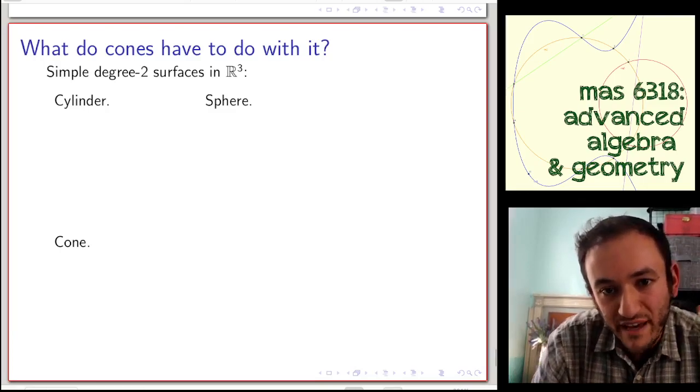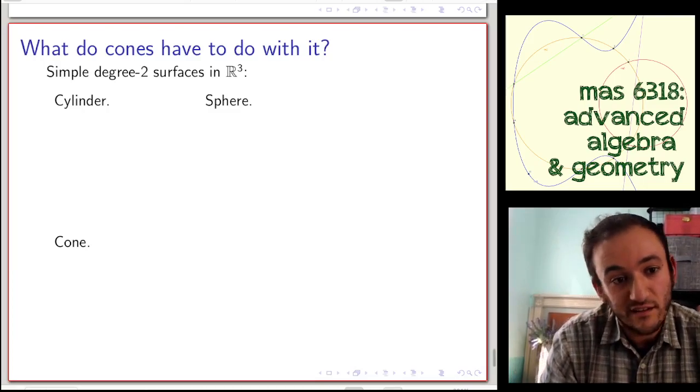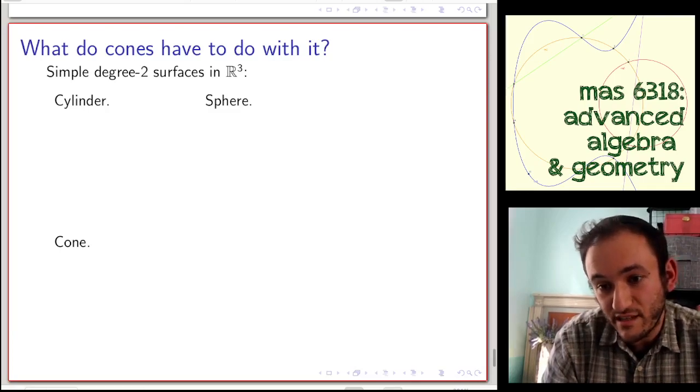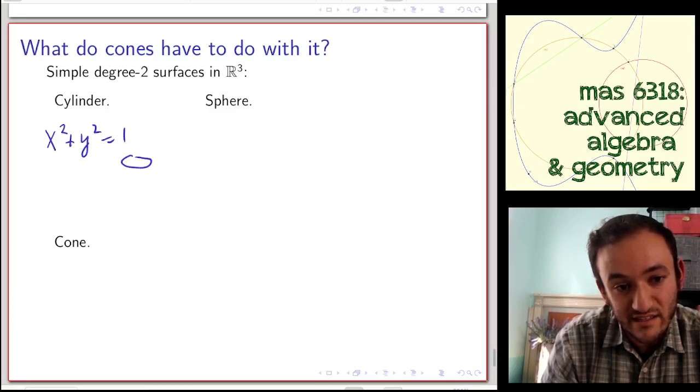Well, I think the best perspective is to think about what are the alternatives. The simplest equations in 3 variables, well, you could have something like x squared plus y squared equals 1, and that defines a cylinder.